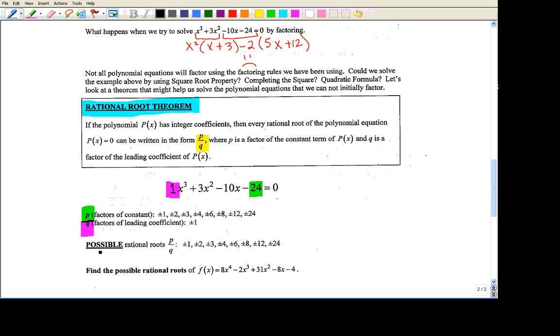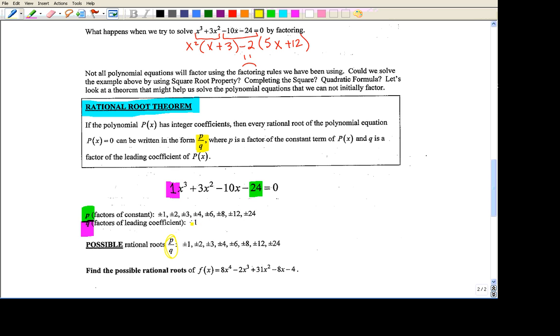So let's look at the possible rational roots of p over q. What we do here is we take each p value and divide it by each q value. Fortunately, there's only one q value here, and it's 1. So anything divided by 1 is just going to be the same thing.